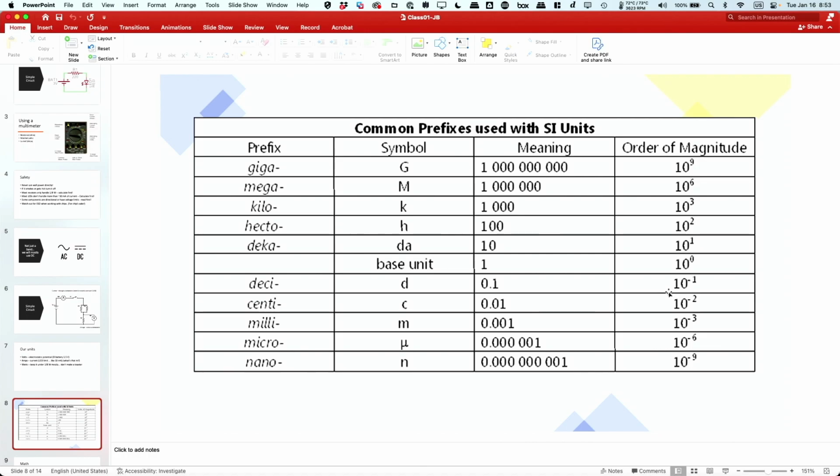Some of them you maybe haven't had to use for a while, and some are more specialized to electronics, particularly micro and nano. And then there are some that we tend not to use, like hecto, deci and deca. People just tend to go straight up to kilo or down to centi or milli.